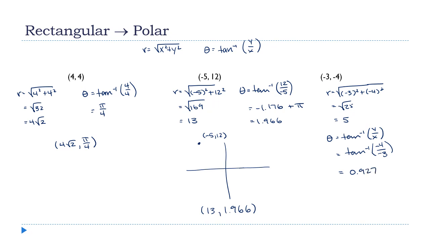Okay, not what I needed. That's a first quadrant angle, and negative 3, negative 4 is over here someplace in the third quadrant. So I could fix this the same way I did before, or I could just add pi to it, and you get 4.069, right? And that'll work.